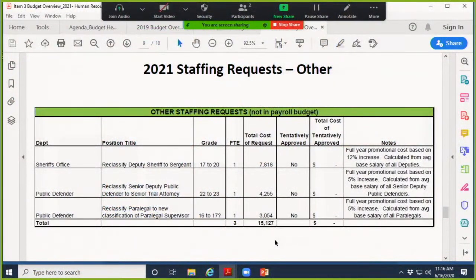I would be in favor of just doing those as promotions. Yep. And we absorb those costs. Okay. Anybody who is not in favor of all of those? I just have a question. Commissioner Bard. So if you promote somebody, say from paralegal to paralegal supervisor, does that create another opening for a paralegal?